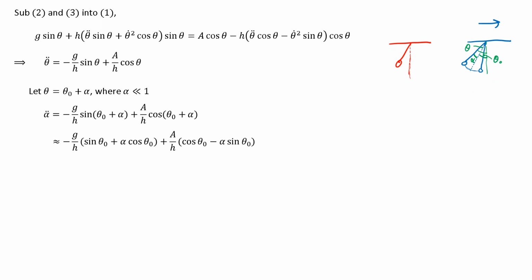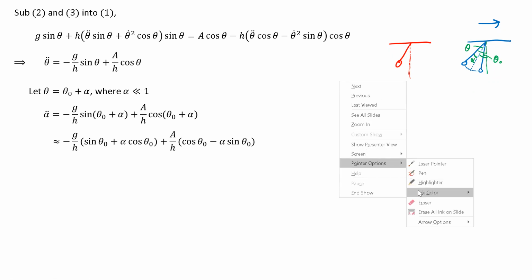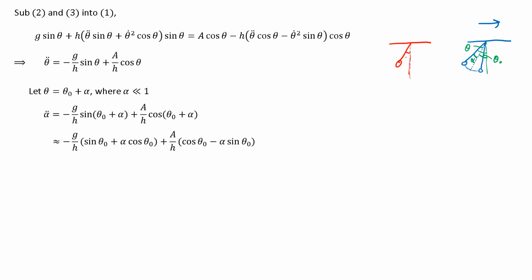So in the original case where we don't have any acceleration, we always say that theta is much less than 1. But here, theta itself is not necessarily much less than 1, but alpha will be much less than 1, because theta itself no longer tells you the angular amplitude of the oscillation.